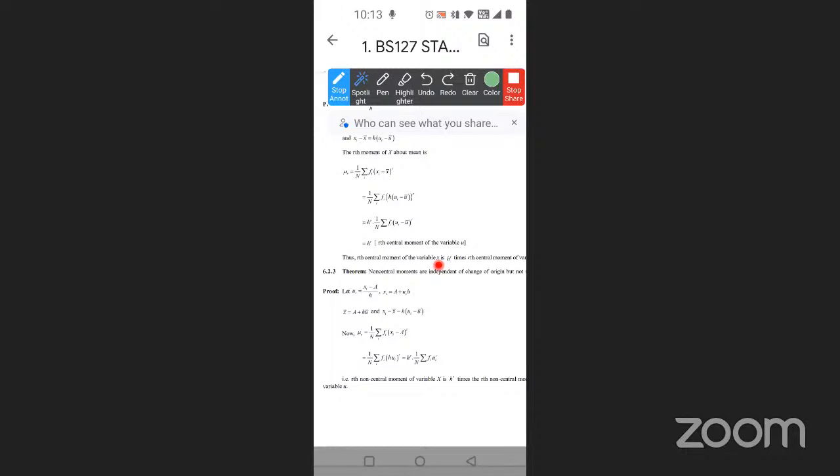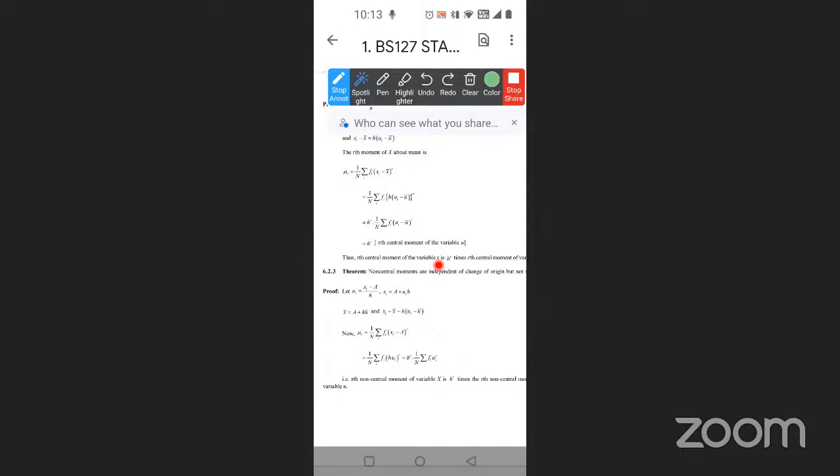Let ui equal to xi minus a by h, whereby xi is equal to a plus ui into h, where a is known as any arbitrary point, h is known as the width of the class interval. Now you have got xi is equal to a plus ui into h.